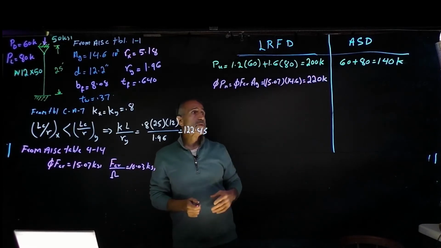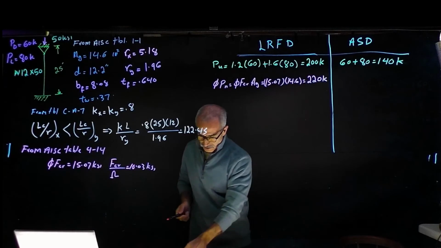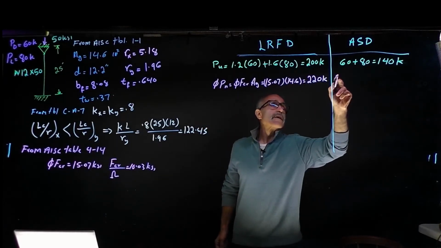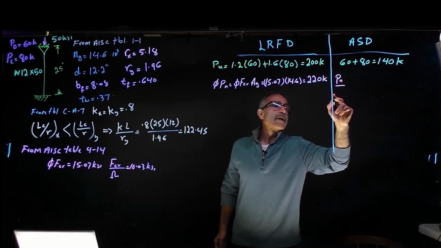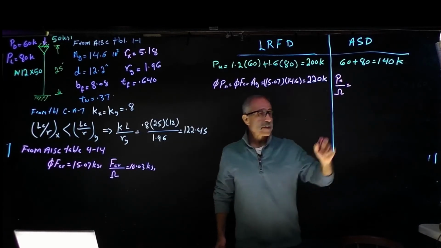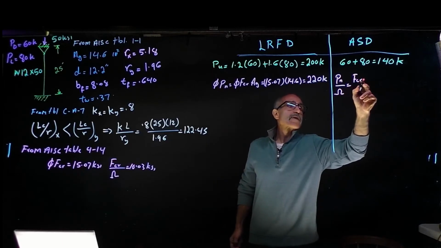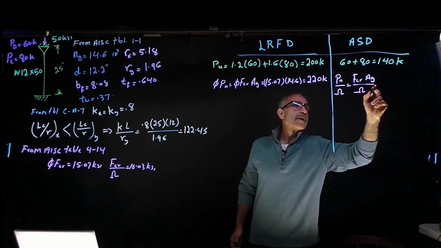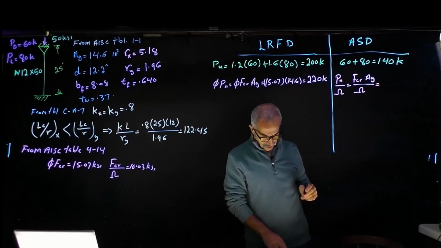So now let's go ahead and do allowable stress design. In allowable stress design, we have the Pn divided by omega. That's a good looking omega. So that's the same as FCR times AG divided by omega, and that comes out to 10.03.